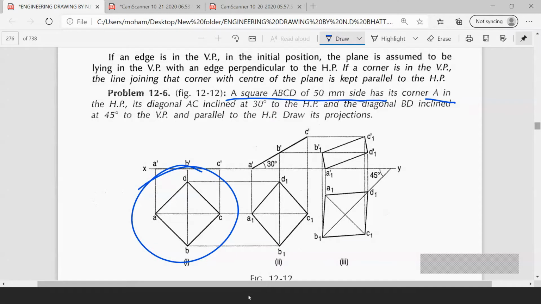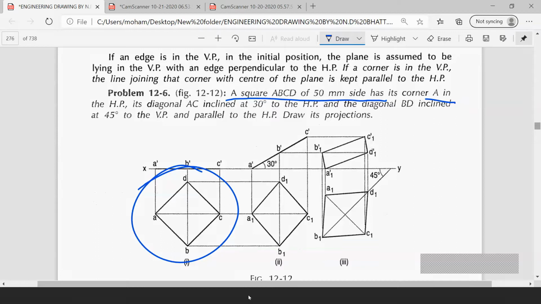This one. This point is B. This point is D. And this is inclined at 45 degrees. So I am inclining this diagonal 45 degrees. Understand? It is inclined at 45 degrees to VP.